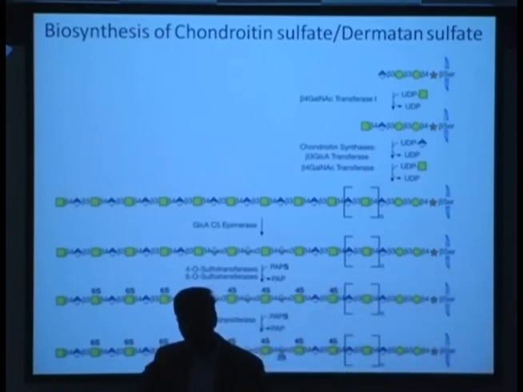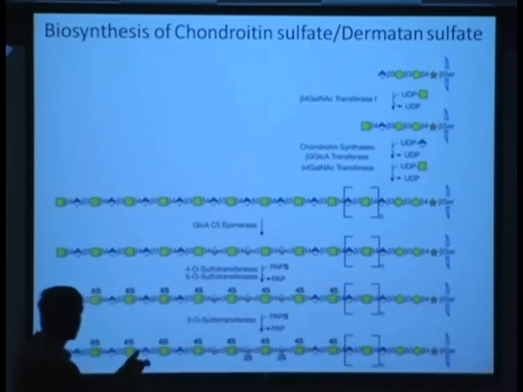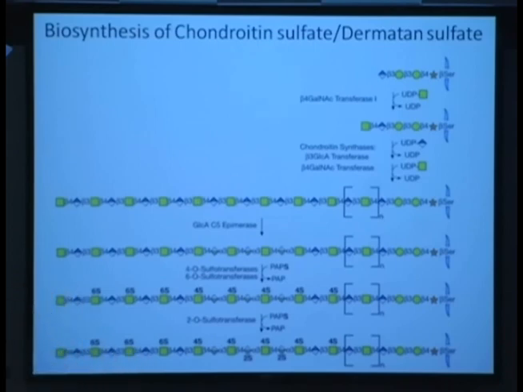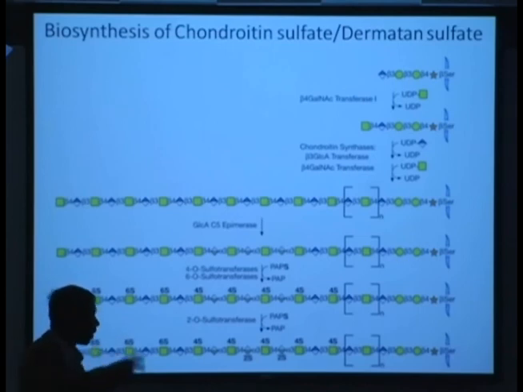So chondroitin synthase is a polymerase enzyme. It adds alternately galactosamine and uronic acid. It doesn't add only galactosamine, it has to always add both galactosamine and uronic acid back and forth. It has two domains. One domain adds the galactosamine, and then glucuronic acid is added, then galactosamine is added, glucuronic acid added. No one knows the exact mechanism of how this bifunctional enzyme adds two different units repeatedly.